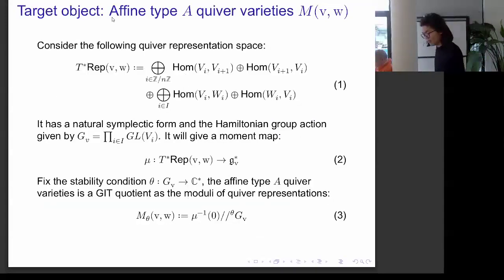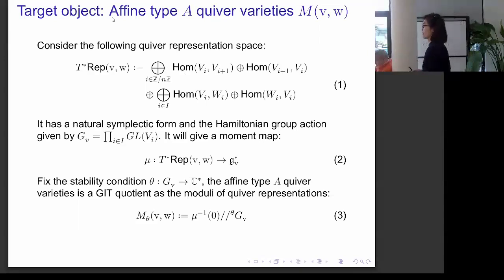The main geometric object today is the affine type A quiver varieties, as I mentioned for the RTT realization in the introduction. So what is the affine type A quiver variety? Let me give a brief introduction. It will first start with the quiver representation space.